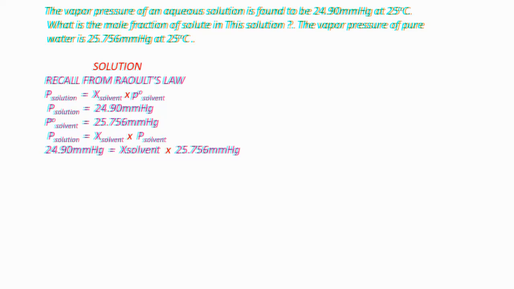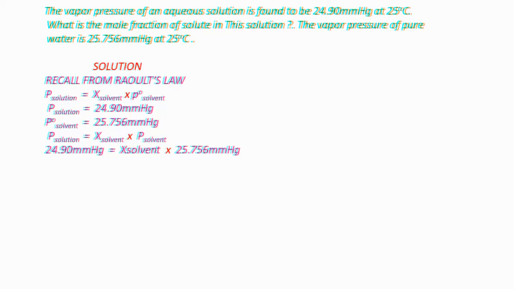Now when you substitute this, you will have X solvent equal to, because it's X solvent that is the unknown here, so we are making X solvent the subject of the formula. That means you are dividing both sides by 25.756 millimeter of mercury.